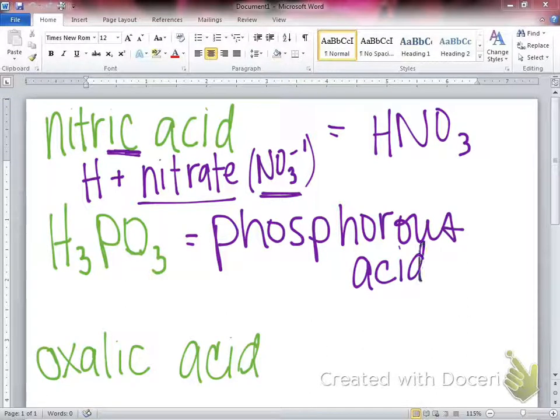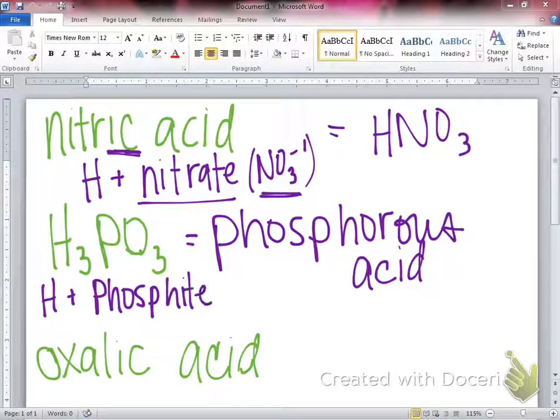Okay, because this hydrogen is being paired with phosphite, right? Phosphite is PO3 minus 3. PO3 right here is a phosphite molecule, and since it's phosphite, that means that our acid has to end in OUS. So we have phosphorus acid.